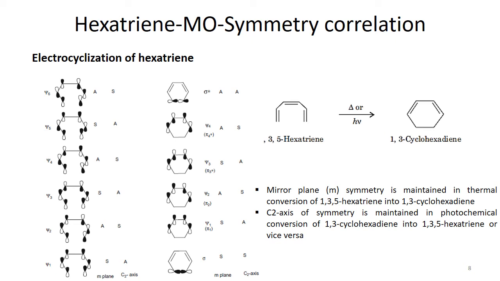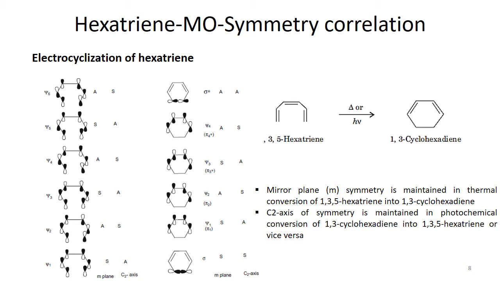But when we talk about symmetry correlation diagrams, or the symmetry operation, when we carry out these symmetry operations on the molecular orbitals of hexatriene, we first consider two possibilities: a mirror plane symmetry operation on psi1, and a C2 axis of symmetry operation on psi1.